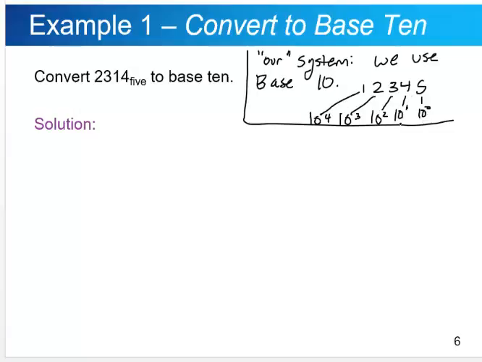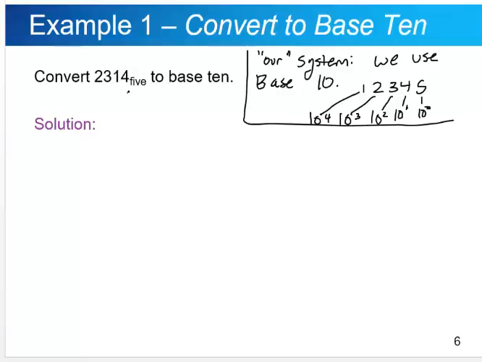We have ones, tens, hundreds, thousands, 10,000s, and so on. Note that it's called base 10 because our base in each of these is 10.